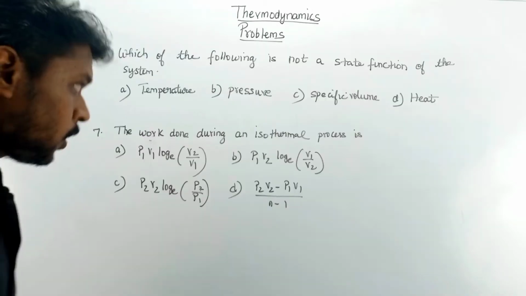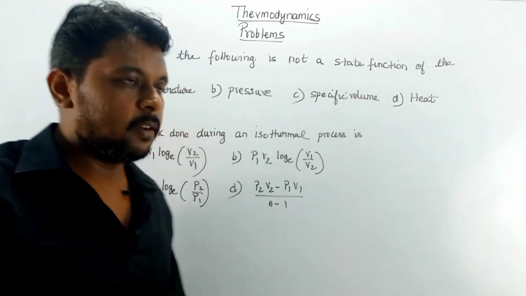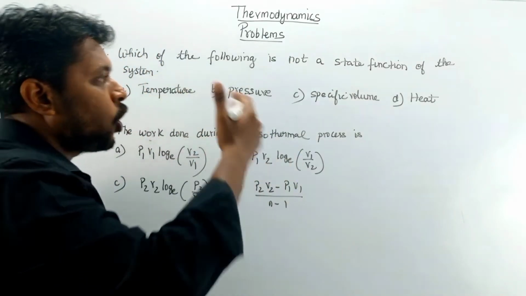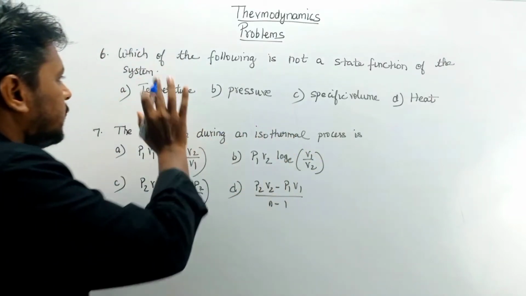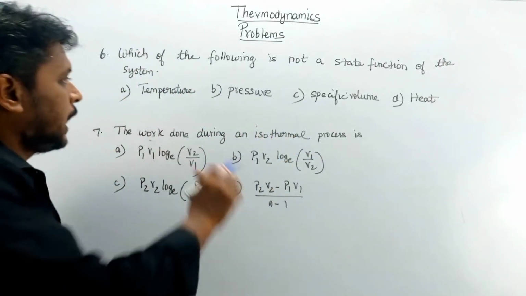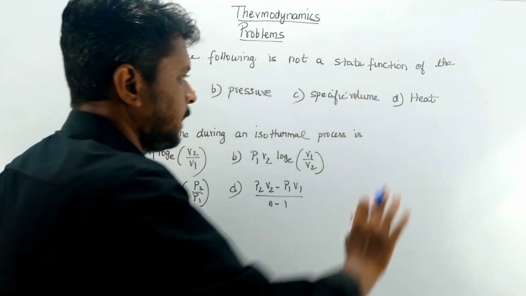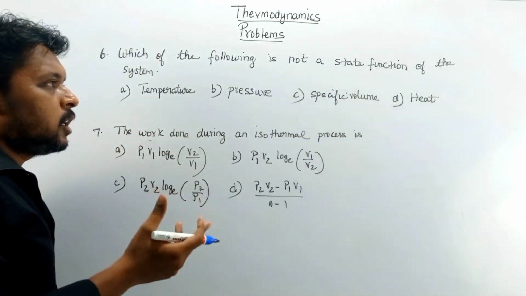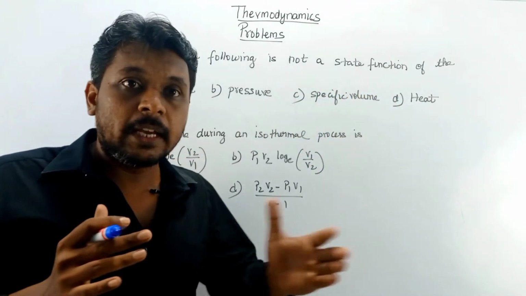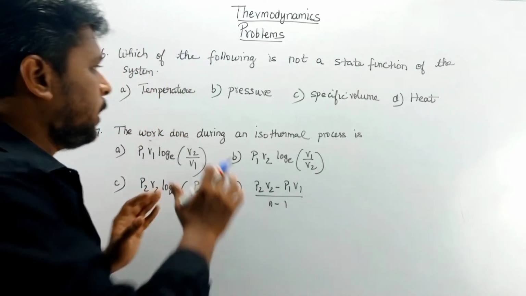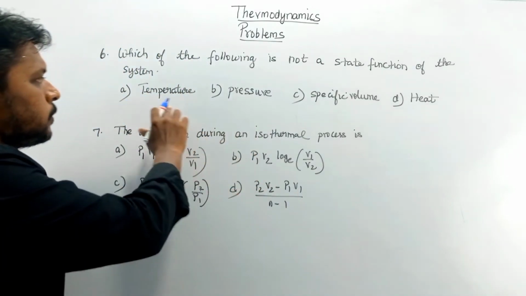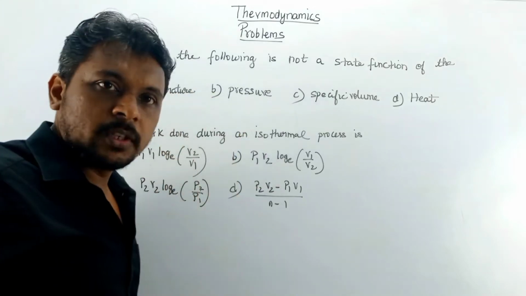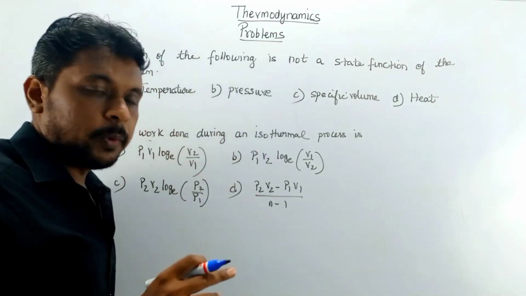Now the sixth and the seventh question. Here they have asked which of the following is not a state function of the system. There are four options: temperature, pressure, specific volume and heat. A state function does not depend on the path taken. It could be defined on a particular state. Temperature is a state function, it could be specified on a particular state.